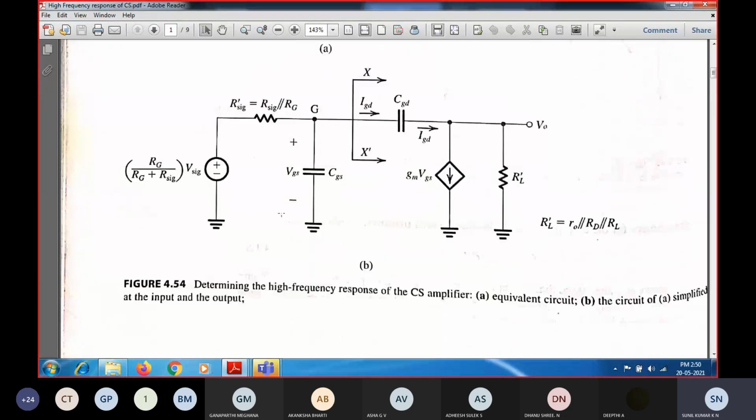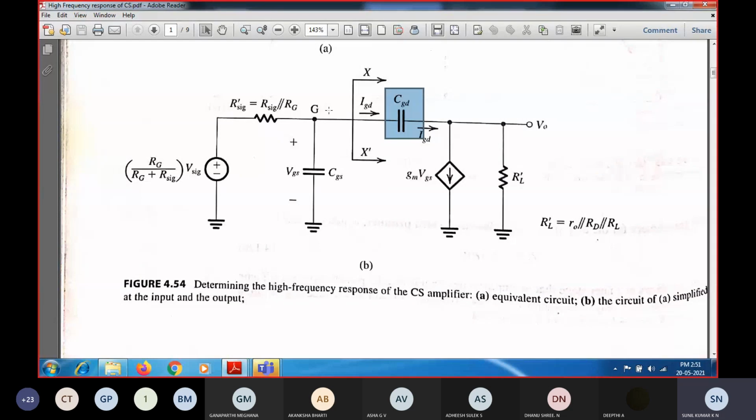Now if I want to find the value of the input current that is flowing between the gate and drain, this IGD is the current that is flowing between the gate and the drain. So we need to find out the value of IGD.